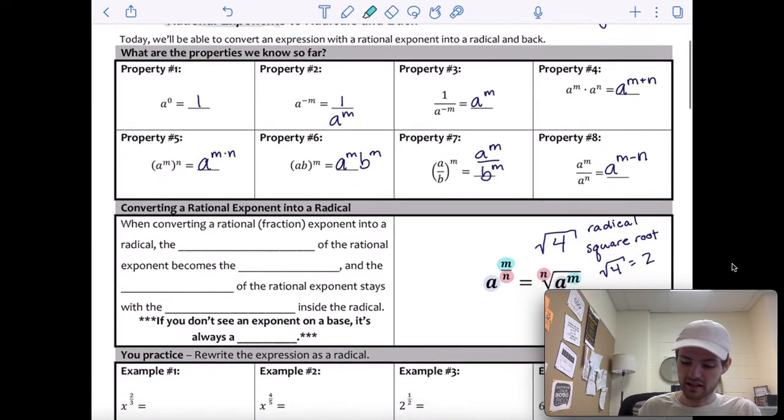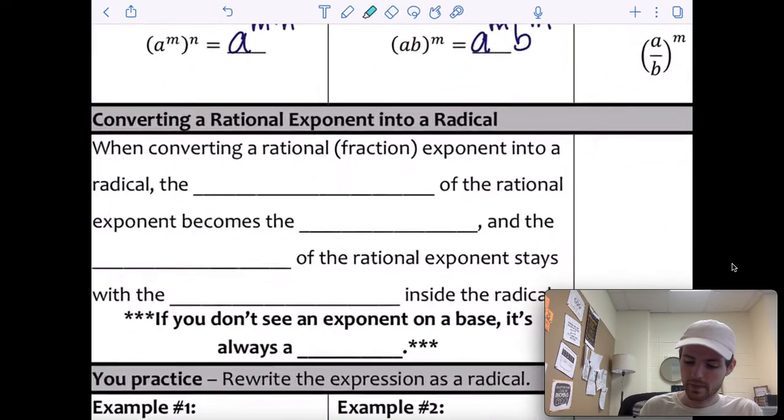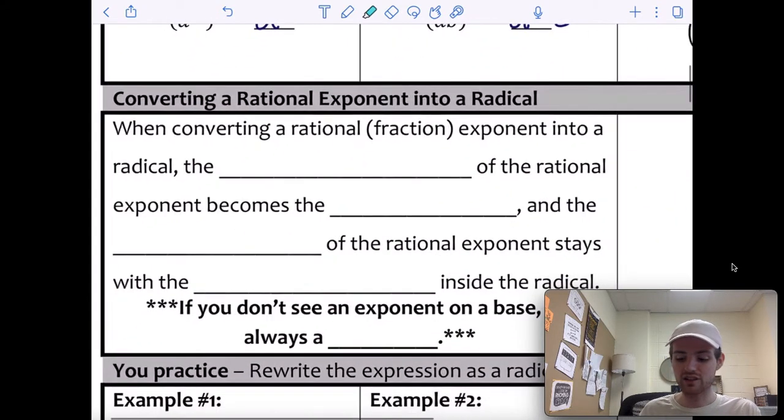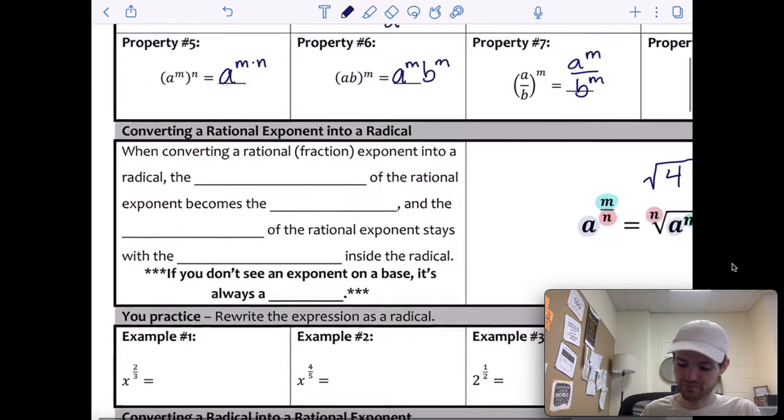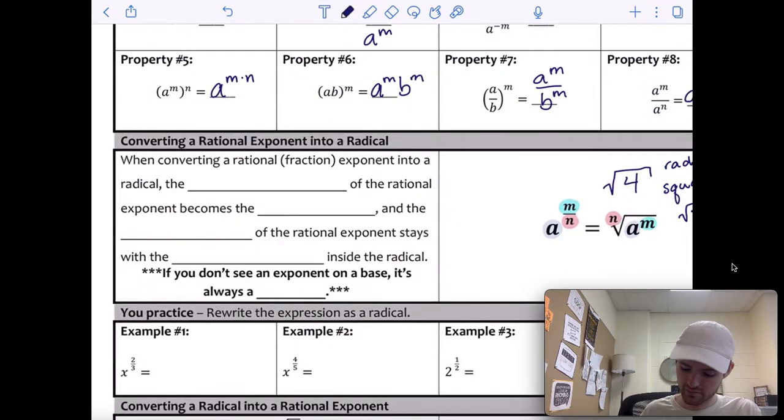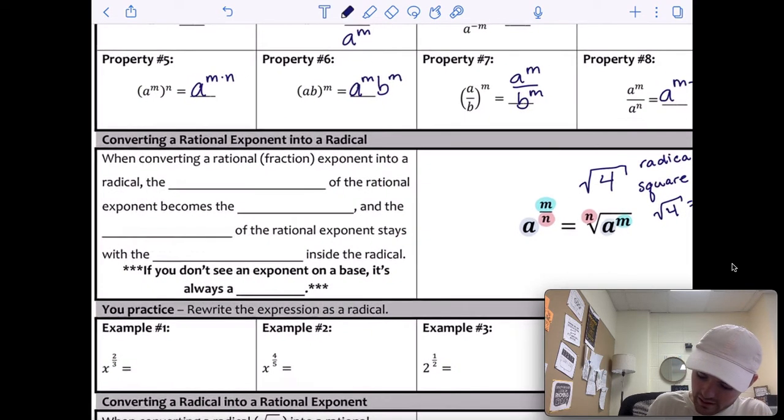So let's take a peek at this. When converting a rational exponent into a radical, maybe I'll zoom out so we can see. Okay, and let me remember the order that I have it set up in.